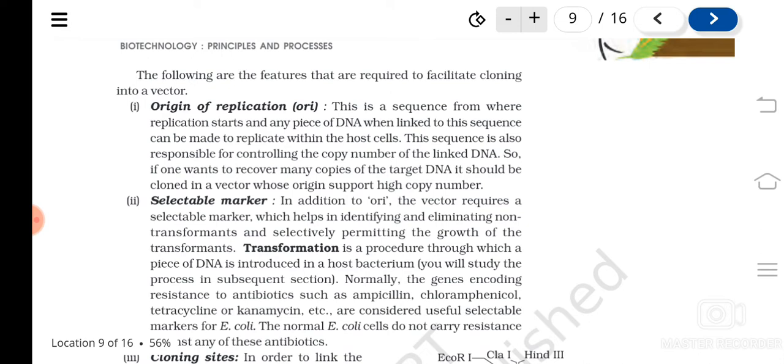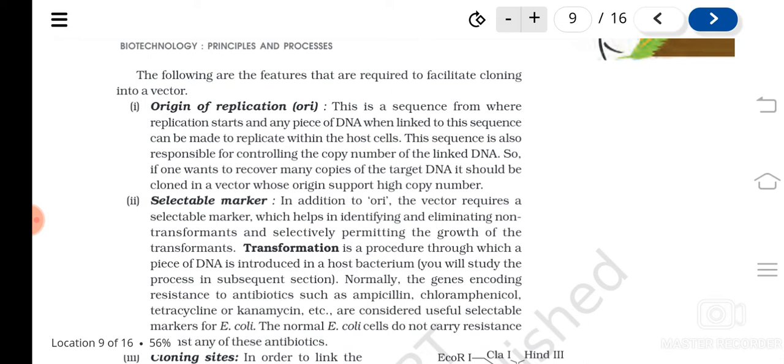I told you this when we were studying replication, isn't it? Replication starts from the origin of replication in a DNA. So it is a particular sequence of DNA from where the replication starts.